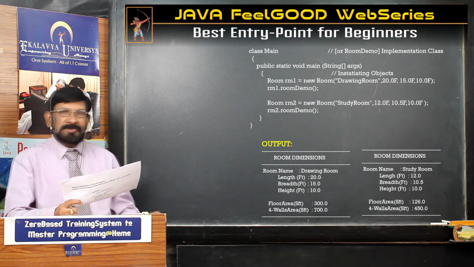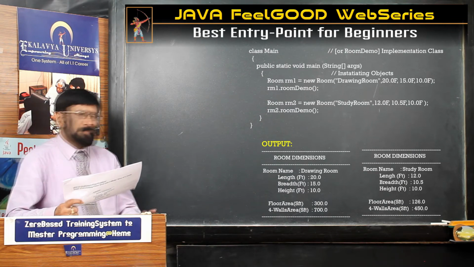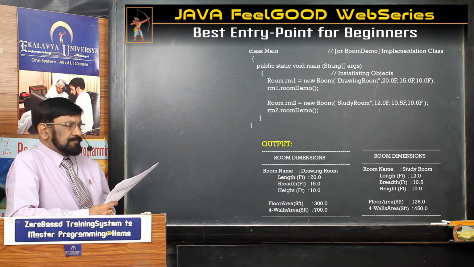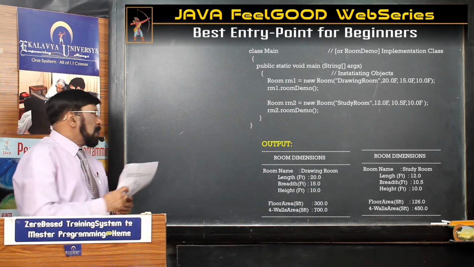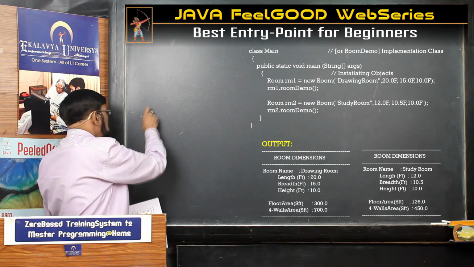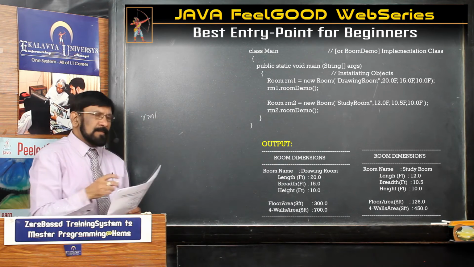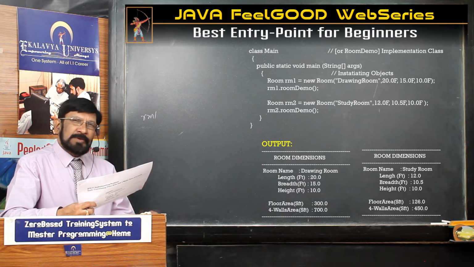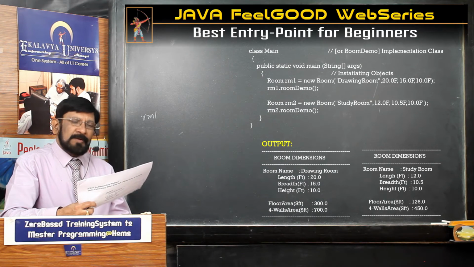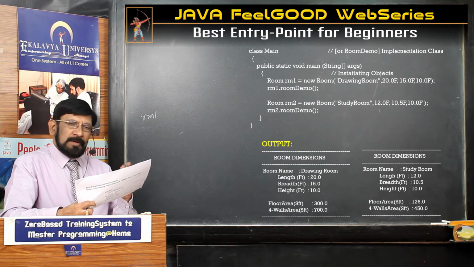Thereafter, instantiation of objects, creating objects. Now we are taking the room class and defining RM1. RM1 means room 1, RM2 the second object. I like that you give such names. Now you are giving four values.